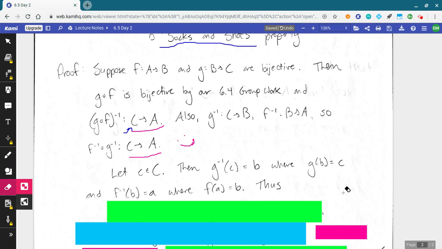With this groundwork, let's take our element C and first send it through our composition, F inverse composed G inverse.